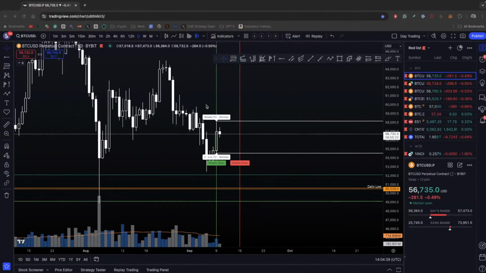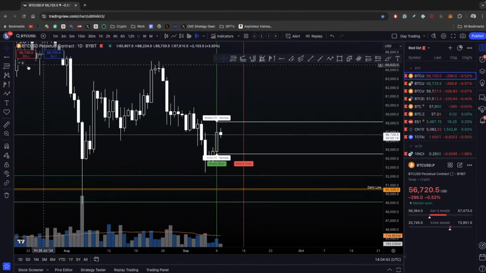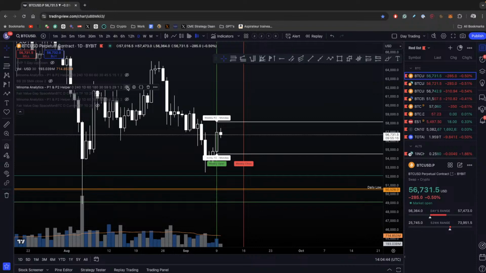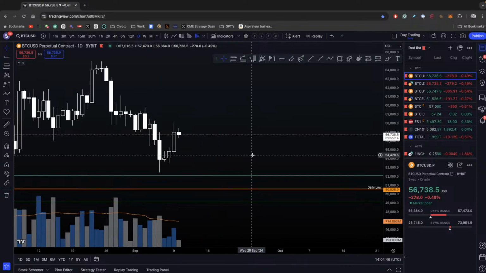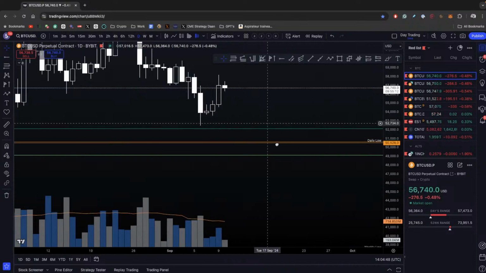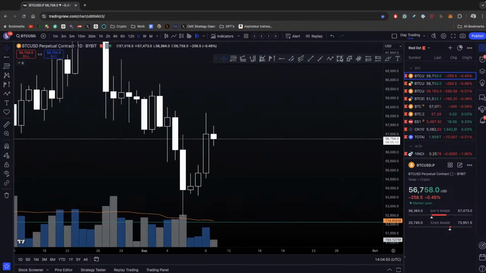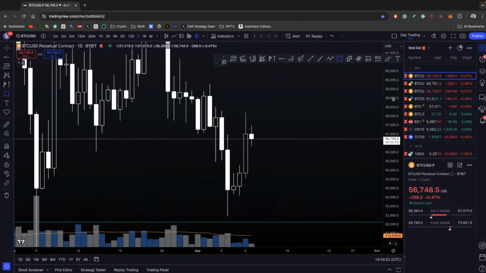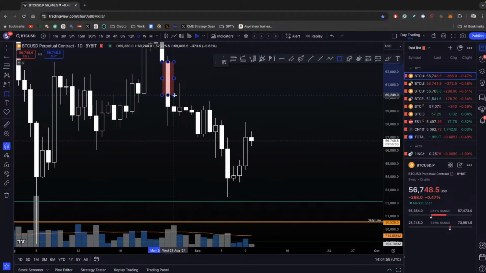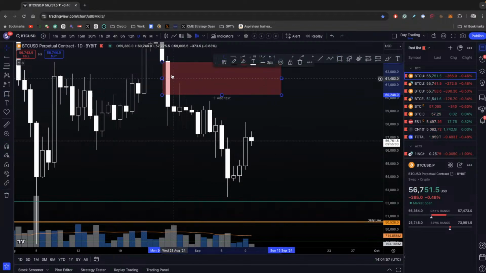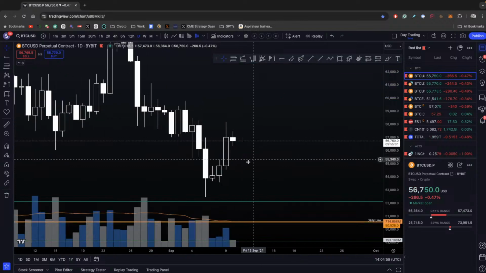All right, so one of the reasons why I'm saying I think downside is limited is that we opened up this daily candle and we had an unconfirmed fair value gap, right? A confirmed fair value gap is, for example, here, where we have this close the next day. You can see there is this fair value gap.